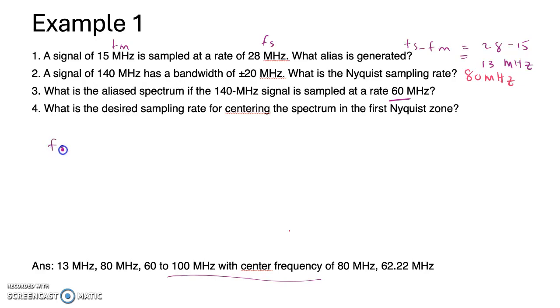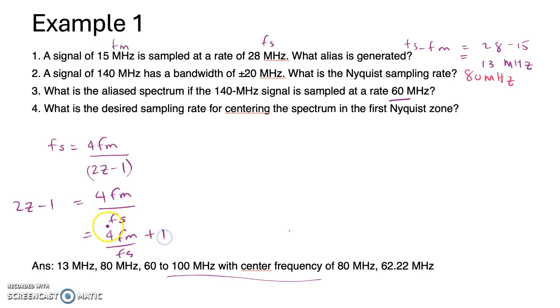Our equation is Fs equals 4Fm over 2Z minus 1. If I solve this for Z, this would be 4Fm divided by Fs. I'm bringing 2Z minus 1 over here because it's in a bracket in itself, and then 4Fm over Fs plus 1. I am left with 2Z. I will bring 2 over here, and therefore Z is going to be 0.5 times 4Fm over Fs plus 1.